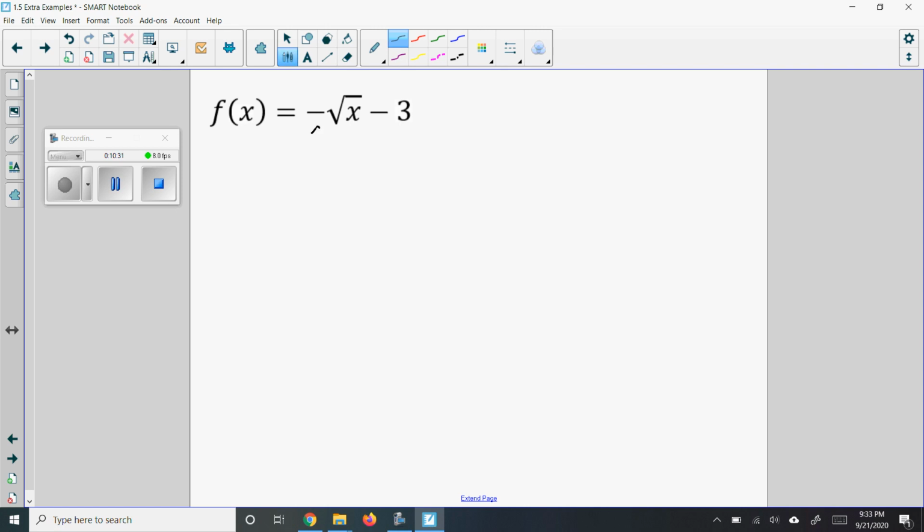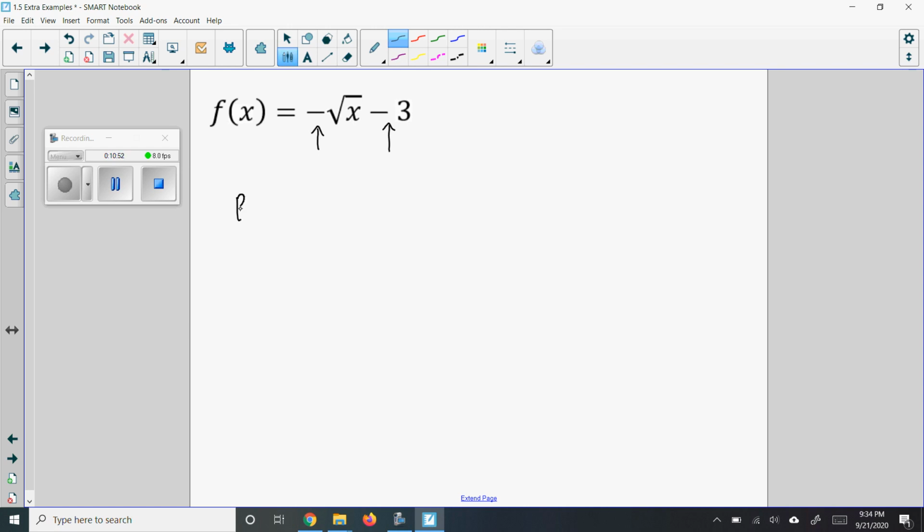Okay, here we have a reflection. And this is either up, down, or left, or right. Well, which one is it? Well, it's outside the square root, which means it's going to affect the y values. This negative is also outside the square root, so it will affect the y values.